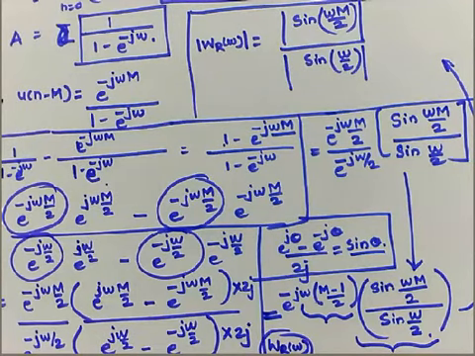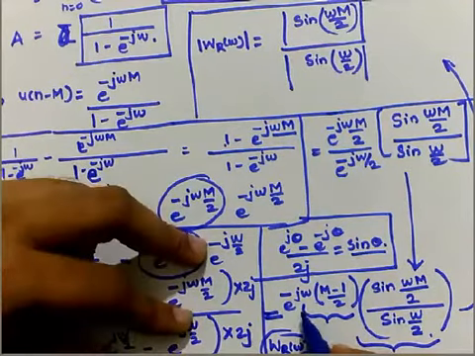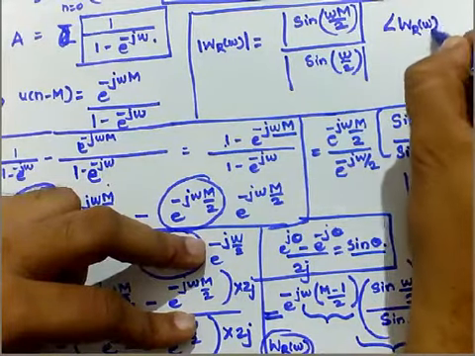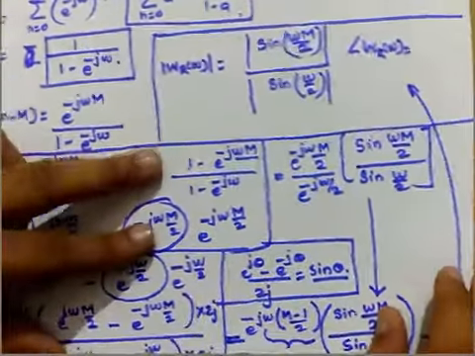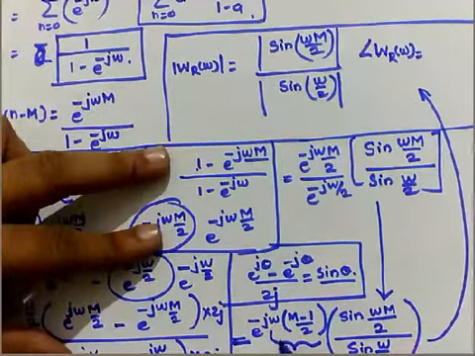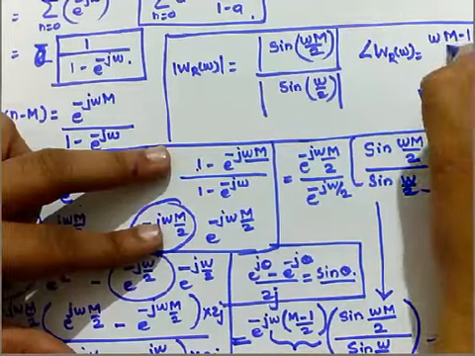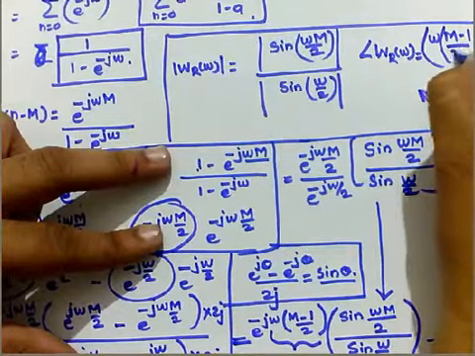Similarly, the phase can be obtained, that is, the phase of this WR of omega will be equal to what? The angle which is just made over here. It is nothing but omega into (m minus 1) by 2.